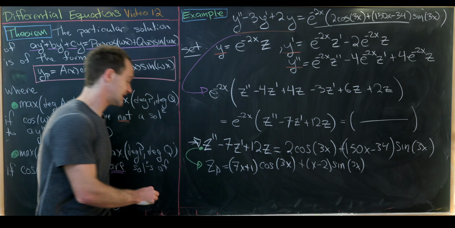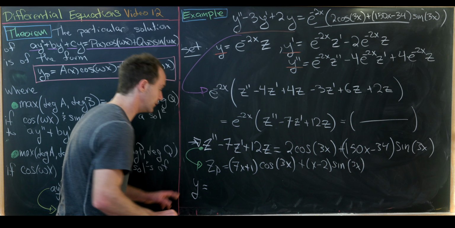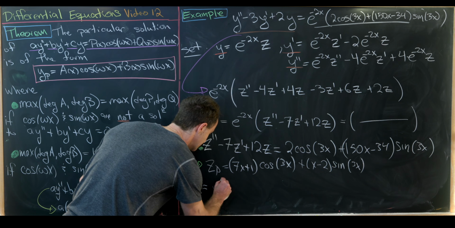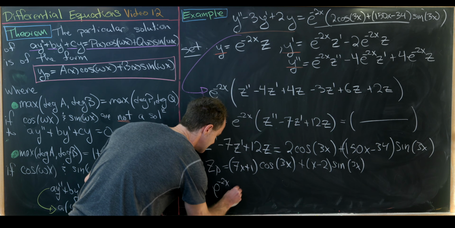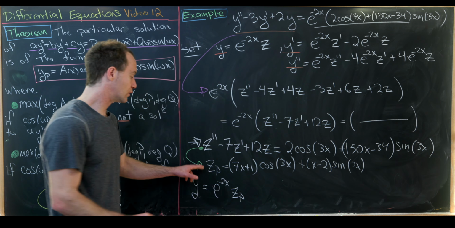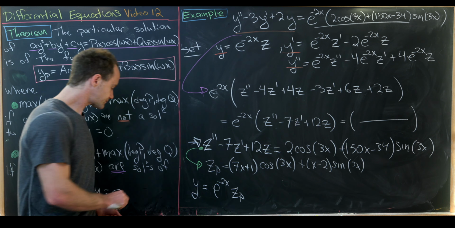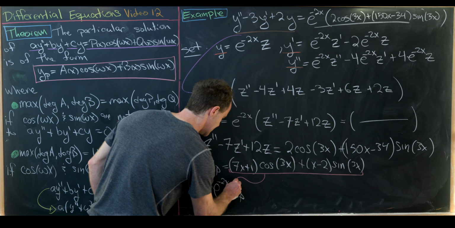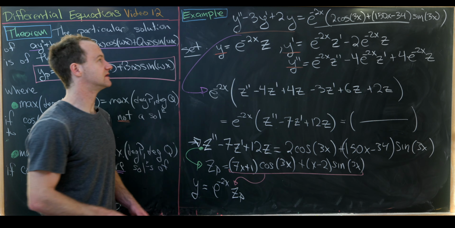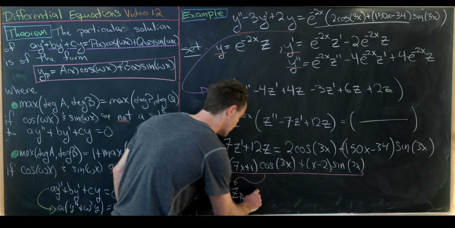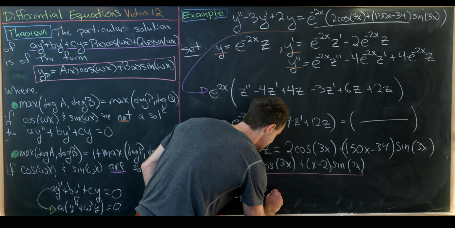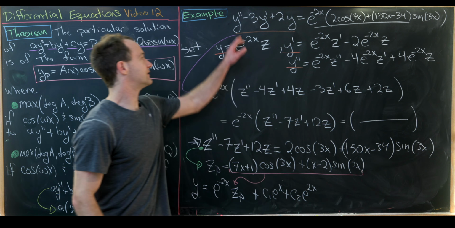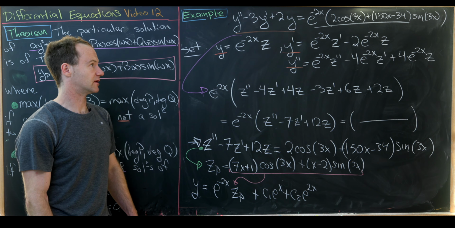But that tells us that our solution y will be e to the minus 2x times this. So y is equal to e to the minus 2x times, I'll just write zp, where we bring that down. So that's condensing all of this into this term. And then of course we need the solution to the homogeneous part as well, but that'll be c1 e to the x plus c2 e to the 2x, just given the factorization of the characteristic polynomial here.